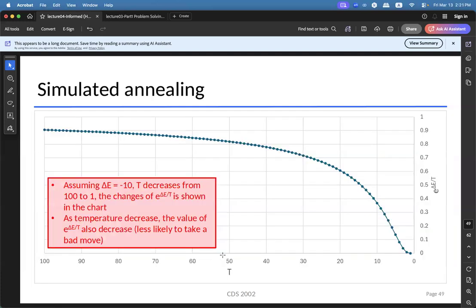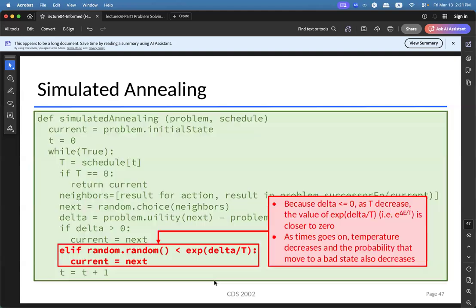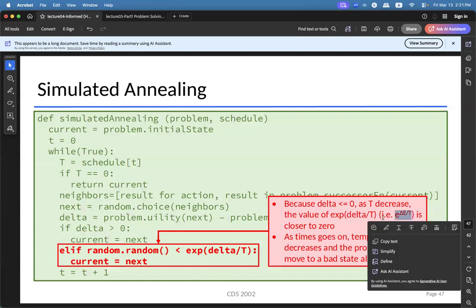Okay, this chart is showing the value of e to the power of delta E divided by T versus the temperature. This graph shows the changes of this value against the temperature.